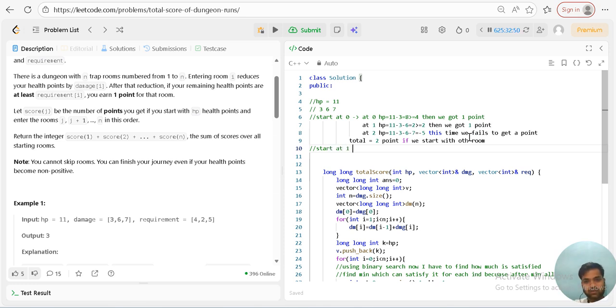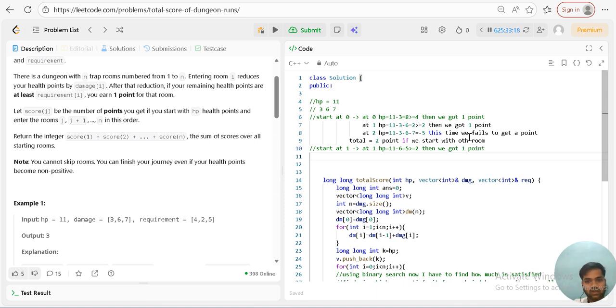I don't think we have to explain the first room, but we can try it out for the first example. At first HP will be 11 minus 6, and it is 5, which is greater than or equal to 2. Then we got 1 point.